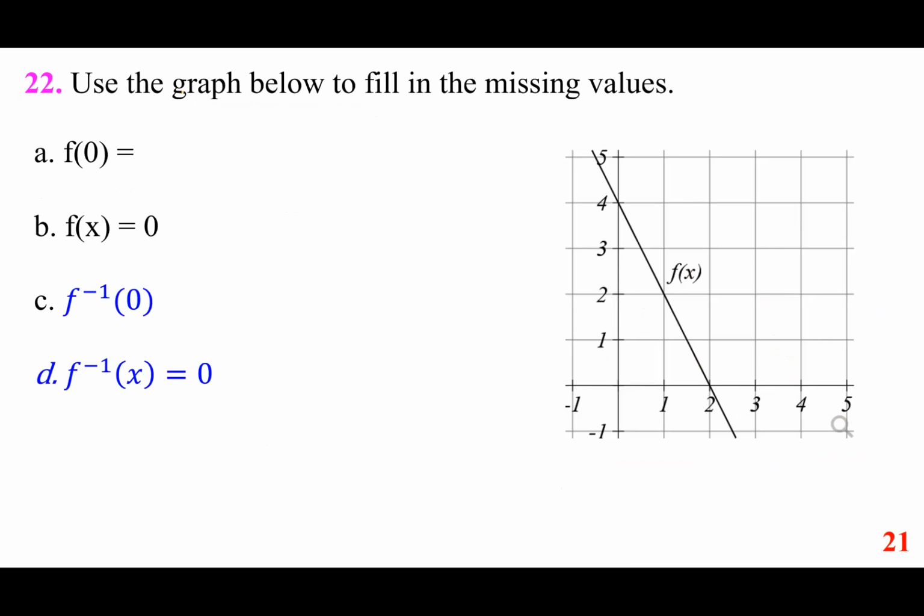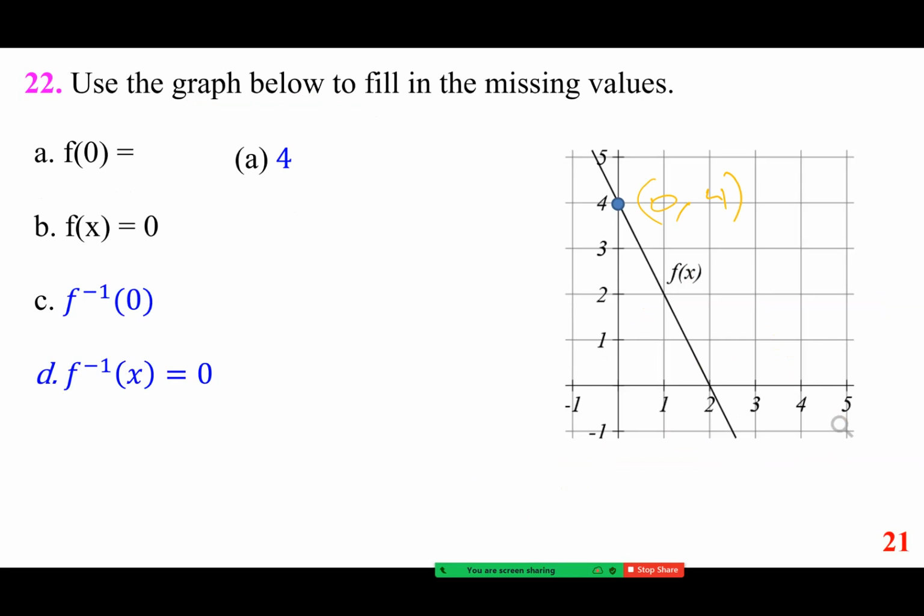So given the graph, we want to find f of 0. That means when x is 0, what is y? That's the meaning of it. So this location has the pair 0, 4. Therefore, the answer is 4.